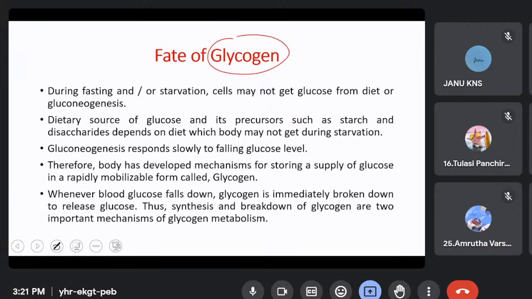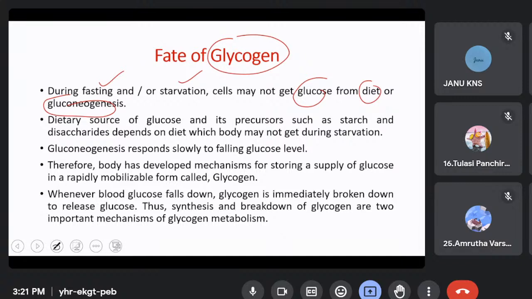What actually happens is, though there are three sources, diet, glycogenolysis, and gluconeogenesis, scientists have discovered that during fasting or starvation, cells may not get glucose from diet or gluconeogenesis. When you are fasting, you do not eat food, so the blood does not receive glucose through food.